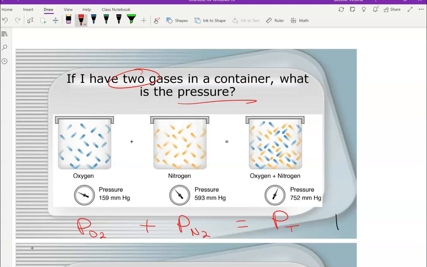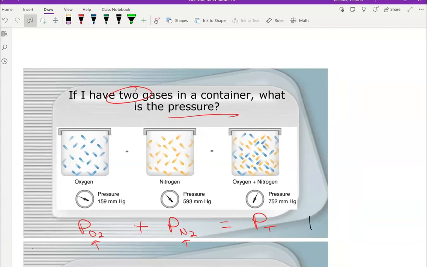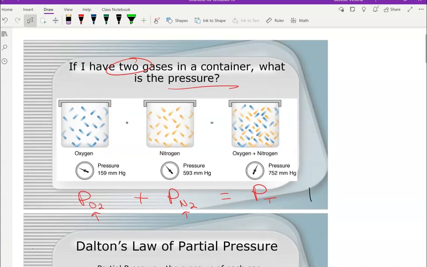So we can use P to represent pressure and then a subscript to represent either the total pressure or specific pressures of each individual gas. So basically, the total pressure of a container that has multiple gases in it is the sum of the pressures of each of those individual gases, which makes sense.